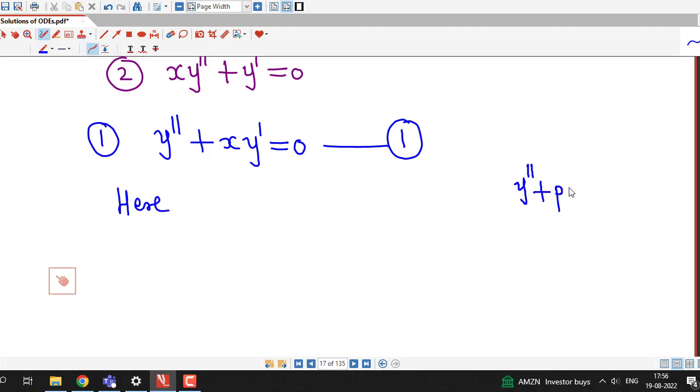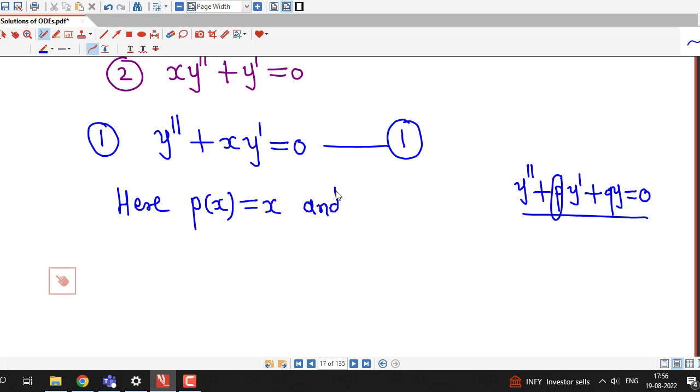The first step is to compare the given equation with y double dash plus p into y dash plus q into y equal to 0. Comparing with this standard form, the coefficient of y dash is p. Here the coefficient of y dash is x, therefore p(x) is equal to x, and q is the coefficient of y.